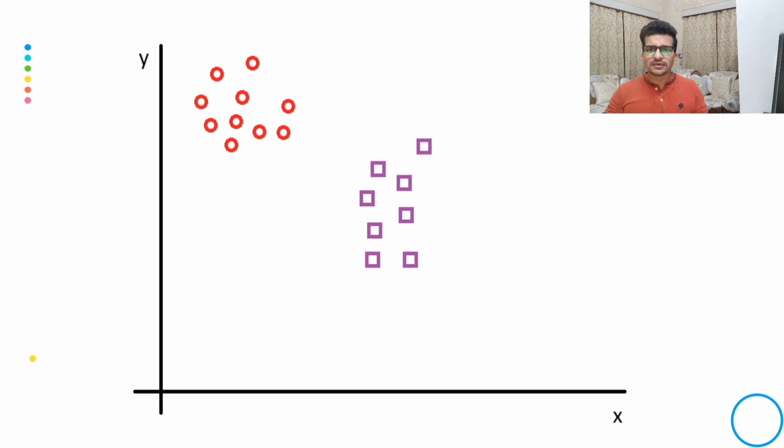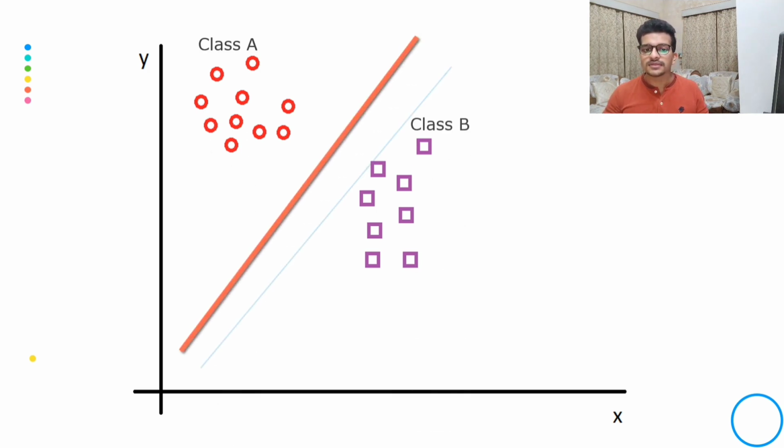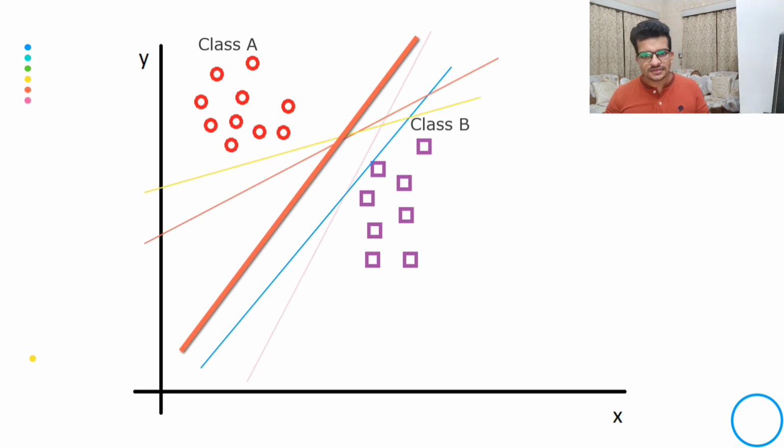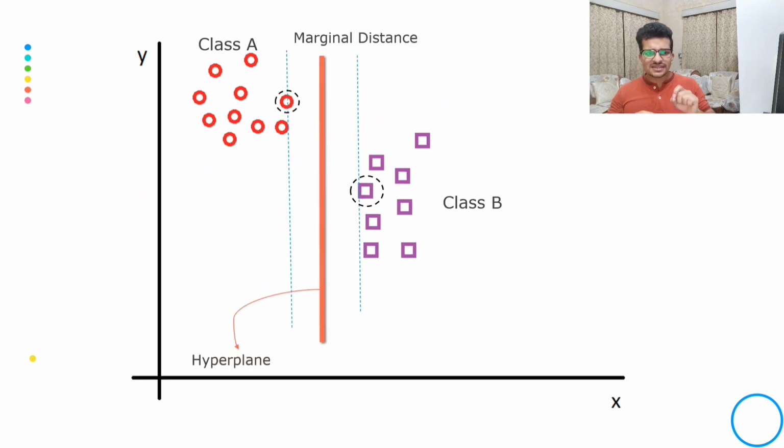Now you might be thinking, why only a central hyperplane? Why can't it be this, this, this, or this? Let us consider another example where a hyperplane is considered with the same points of data.